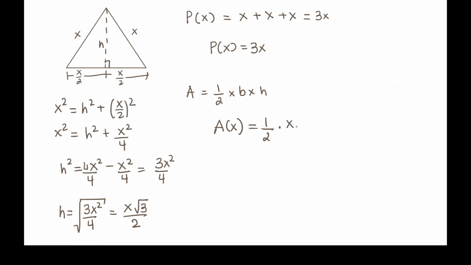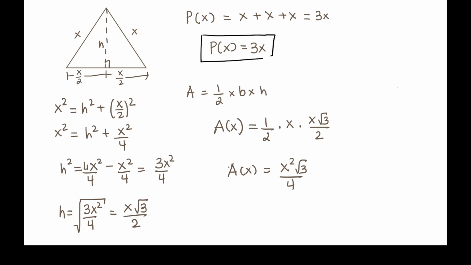And so the base would be x and the height would be x square root of 3 over 2. So A of x would be equal to x squared square root of 3 over 4. So here we have both of our functions for area and for perimeter.